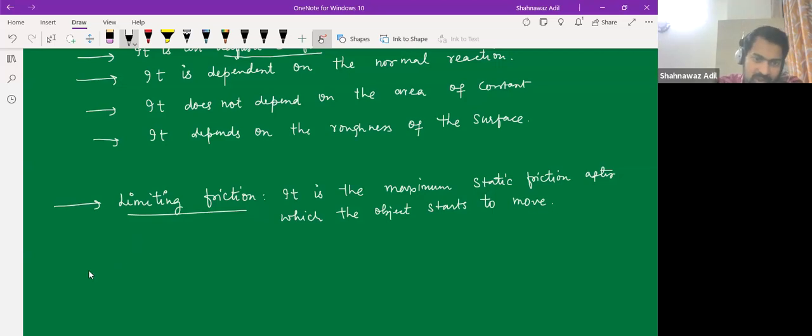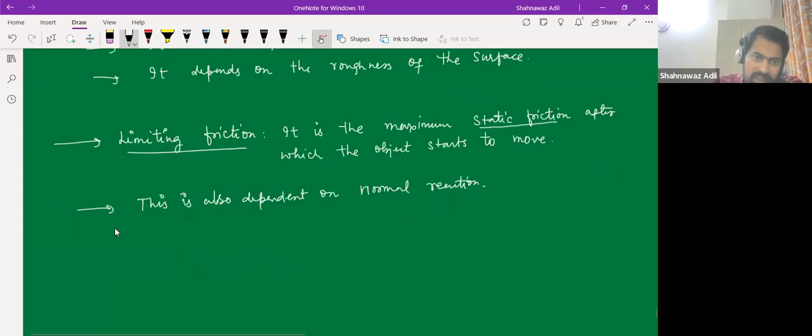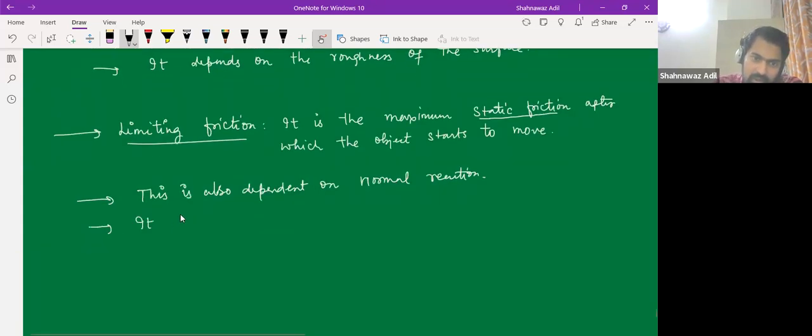And as you can see, this is static friction, so this is also dependent on the normal reaction, okay, and it also does not depend on area of contact, and it also depends upon the roughness of the object.